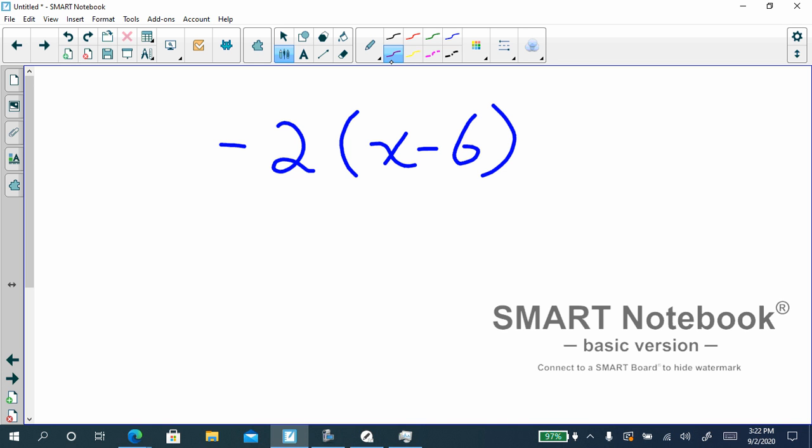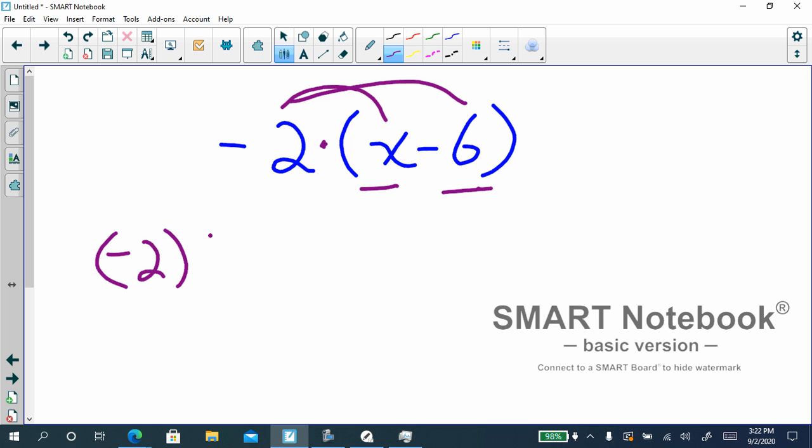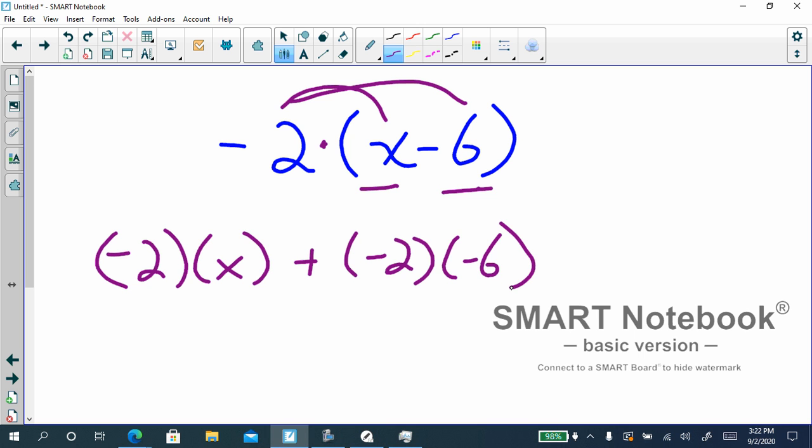Same type of thing here. We have 2 terms on the inside, so we're going to distribute. We're distributing again because it's what's out front times the inside. So it's negative 2 times x plus negative 2 times negative 6.